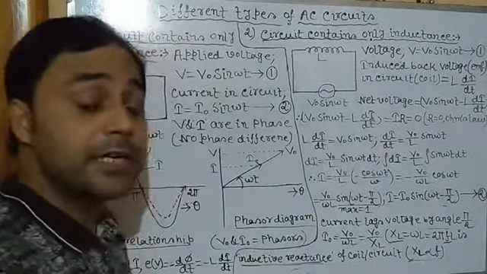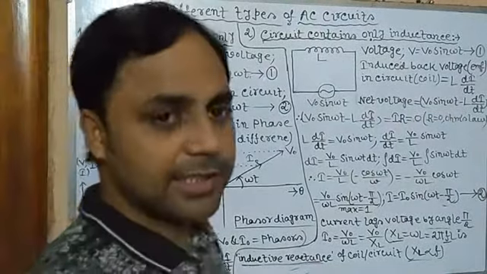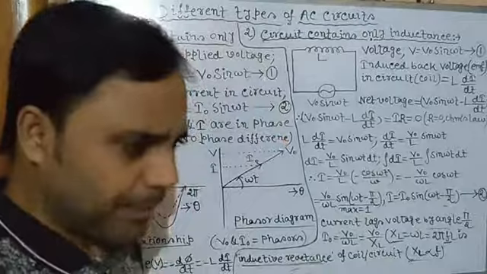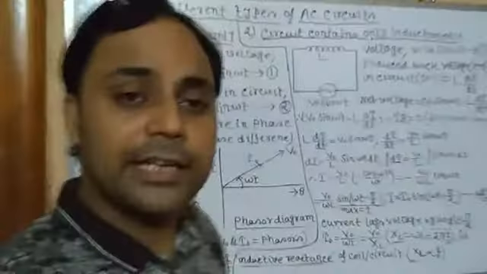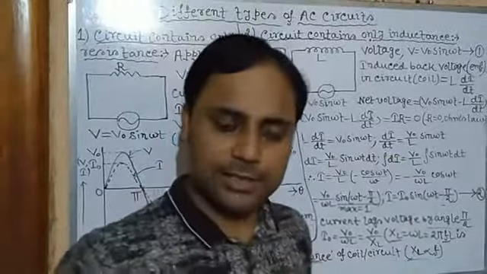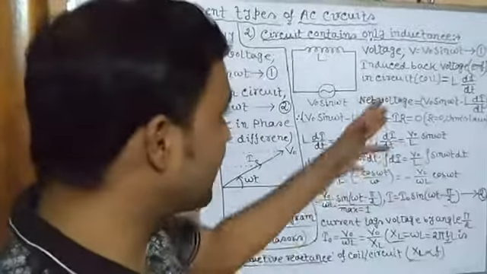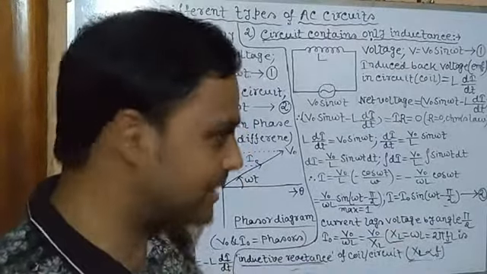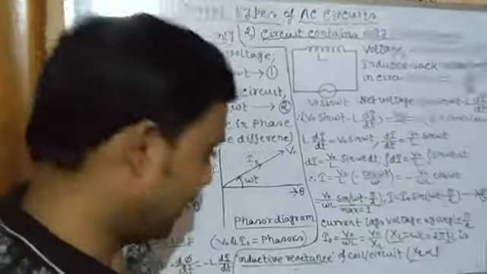What does it mean? If frequency increases, its inductive reactance increases. Why? Because if the frequency of the current increases, then more current will pass, and due to more current, more inductance will be created. Sorry, its inductive reactance will be more, L will be more.